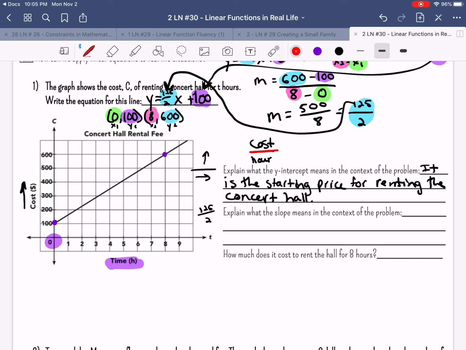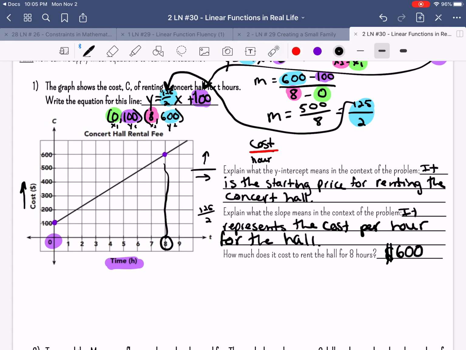So cost per hour. It represents the cost per hour for the hall. So this is a pretty simple question. We already looked. How much does it cost to rent the hall for 8 hours? You have to use the right units of measurement, right? $600.